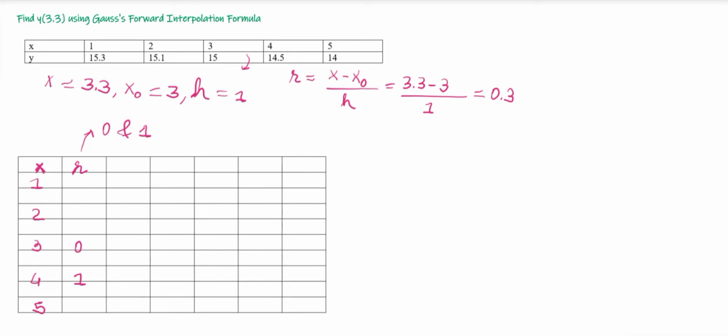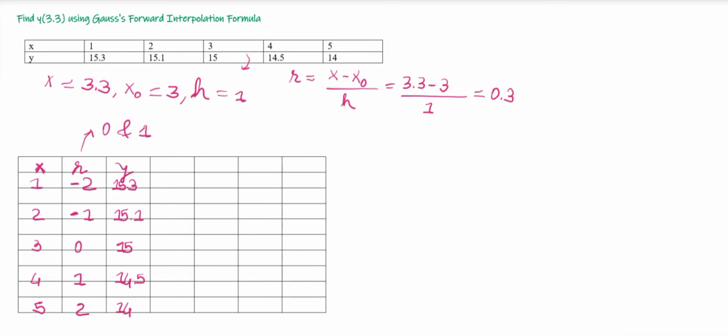As it is necessary that we evaluate between 0 and 1, wherever your range is in which you are evaluating, there you will write 0 and 1. So here we are evaluating between 3 and 4, so there we'll write 0 and 1. Above those values will be -1, -2, and below it will be increasing by 1. Above 0 it is decreasing by 1, and below 0 it is increasing by 1.